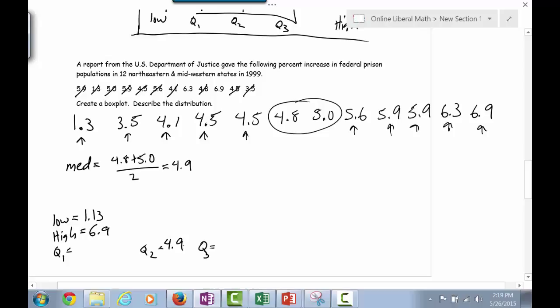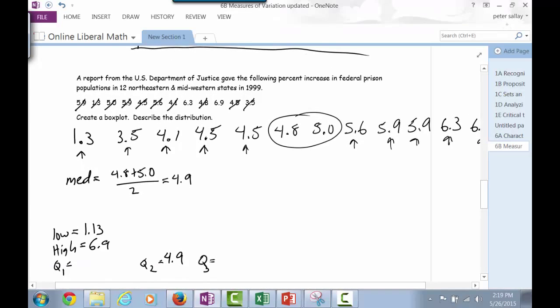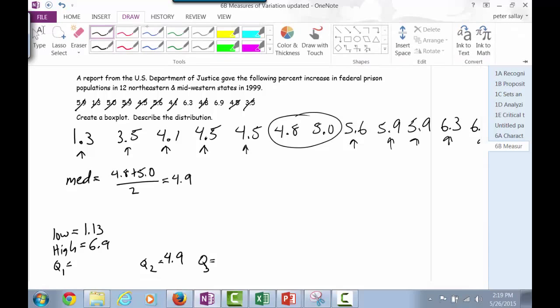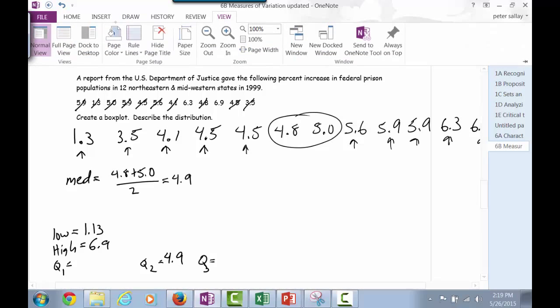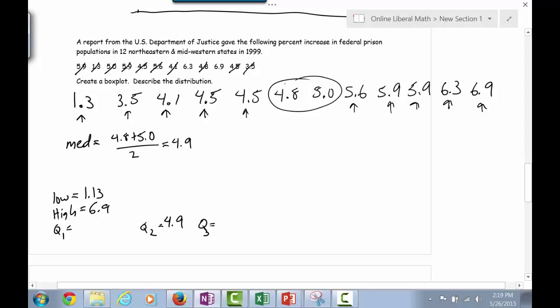Okay, so to find Q1, let me come back here. I'm going to switch colors real quick. I'm going to focus on the bottom half of the numbers, and I'm just going to do what we did earlier. I'm going to partner them up and look for the middlemost value.